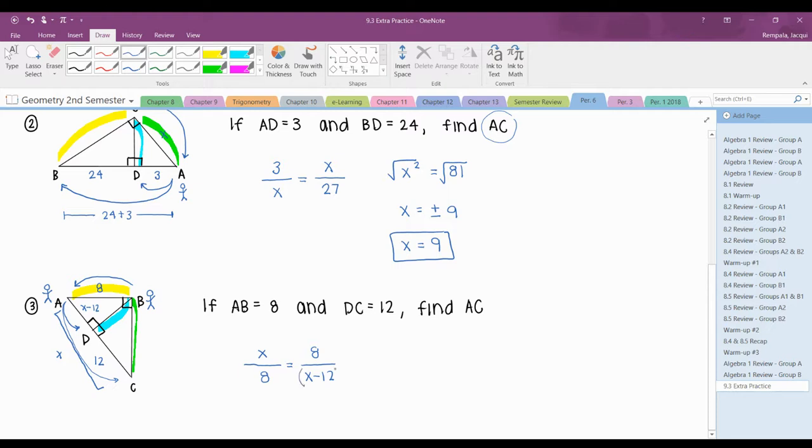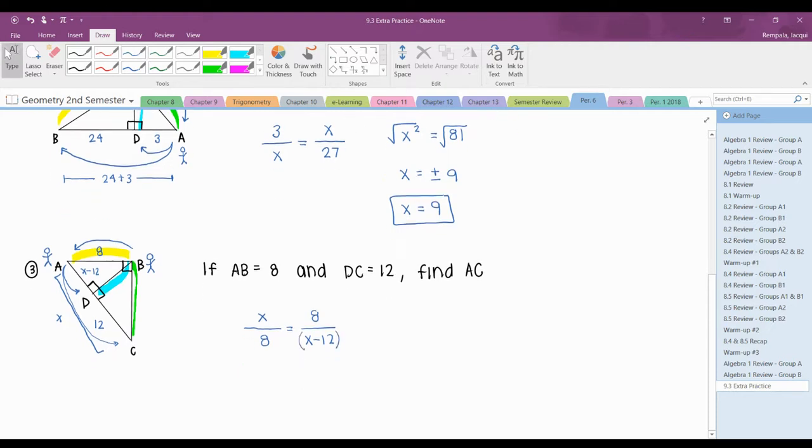So I'm going to put that binomial in parentheses, and now I have this set up where I can do my cross multiplication. So x is getting multiplied by x minus 12. That equals 8 times 8, which is 64. I'm going to have to distribute that x, so that gives me x squared minus 12x equals 64.